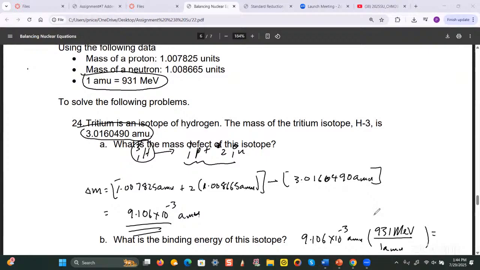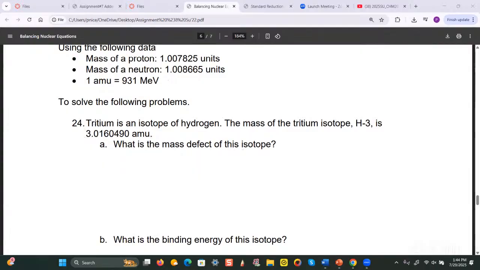Please correct me if I'm wrong, but I got 8.478 mega electron volts. That's what I got. Any questions about this? Okay, so let me clear this and scroll down.